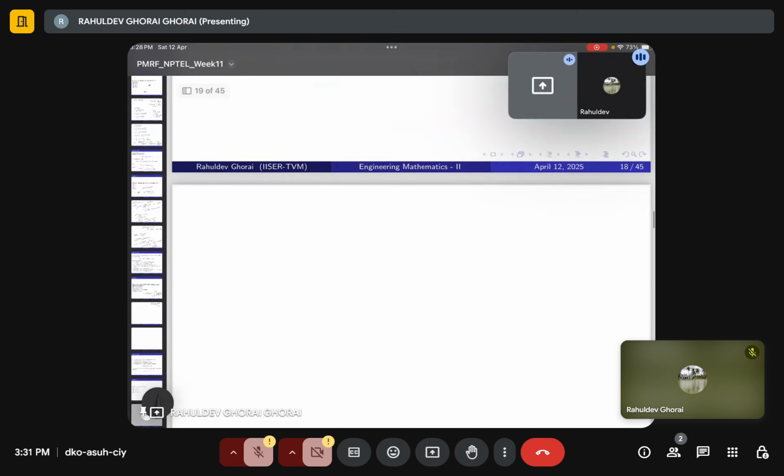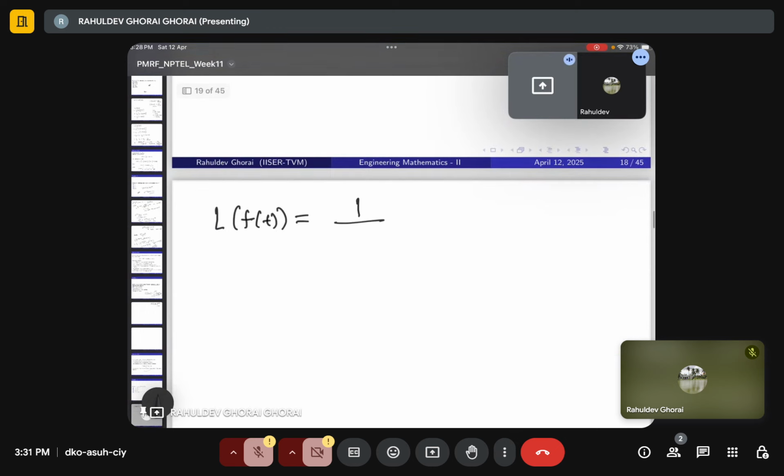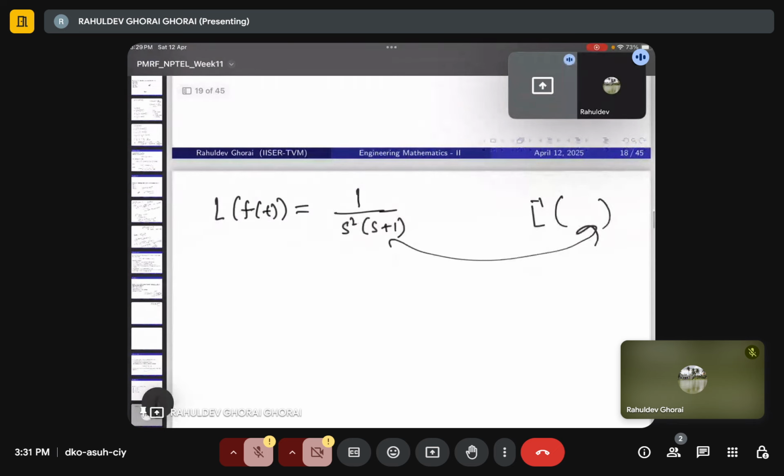Laplace transformation is given to you. Let me write L of f(t) is given as 1 over s squared times s plus 1. And how do you find f(t)? So f(t) will be the L inverse of this function. But you cannot just do it now, so you have to make the form much simpler, right?